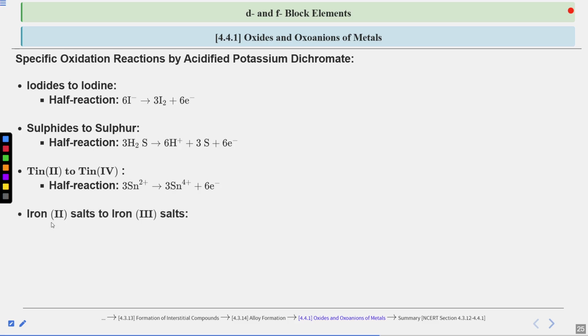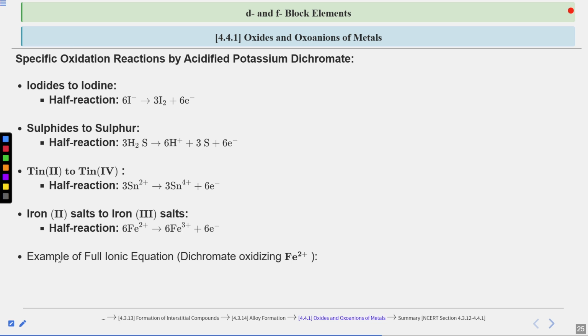The fourth reaction is iron from iron +2 salts to iron +3 salts. The half reaction includes 6 Fe2+ converting to 6 Fe3+, releasing 6 electrons. These are examples of specific oxidation reactions shown by acidified potassium dichromate.